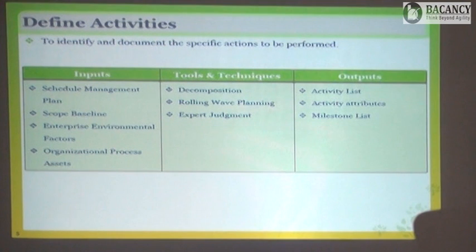Clear? So we know the dependencies now. Now we need to start adding the duration and effort estimation. How many resources we need and how much time we need. So let's say going to buy tomatoes will take 1 hour. Buying tomatoes will take 1 hour. And coming back will take 1 hour, or let's say 30 minutes.